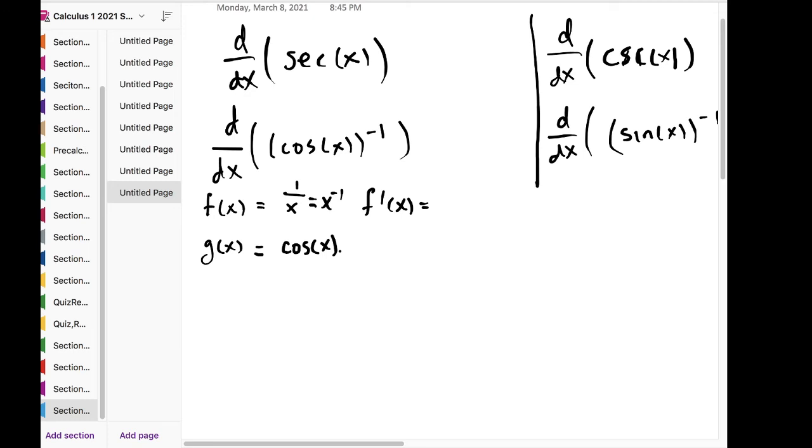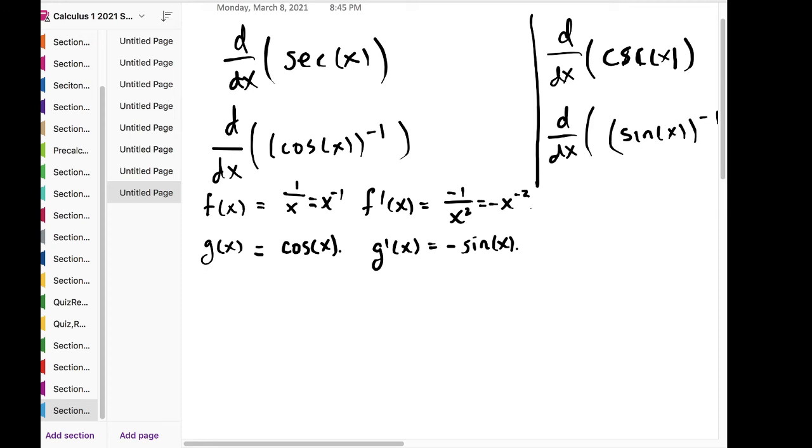Right. Negative 1 x to the negative 2, or negative 1 over x squared, whichever you like. And then the derivative of cosine is negative sine. I've done that around 20 times so far, the derivative of cosine.